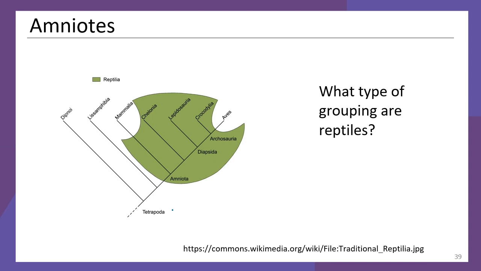Alright, we've done a bit of practice on this. We've got another question here. We're now looking at our tetrapods which have 4 limbs, then we look at our amniotes. Within the amniotes we have reptiles. What kind of grouping is reptiles?